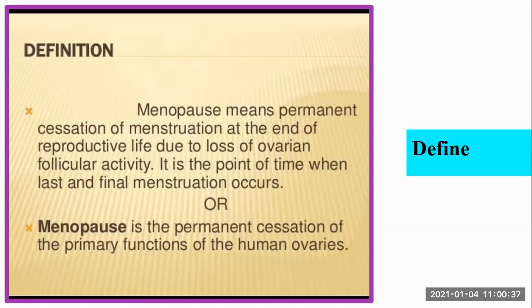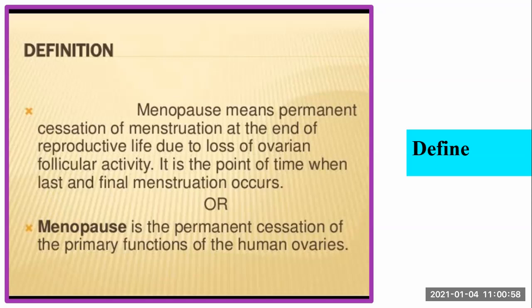All the primary functions, that means they produce the ovum, as well as the proper menstrual cycle of 28 days that we are going to see tomorrow in detail. All these primary and basic functions of the ovary are stopped, permanently, forever.